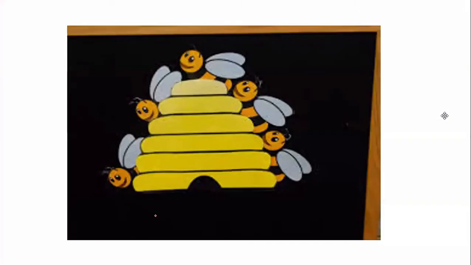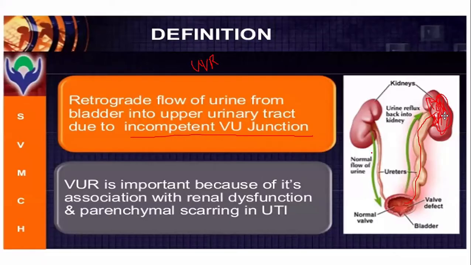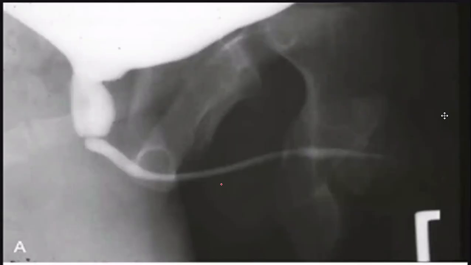So that's why when you do a contrast study, you place a dye from the penis, granting that this is the penis. So this is your urethra, and the penile part leads to your bulbar urethra. Granting, for example, this is the prostate area, so there's the prostatic urethra.